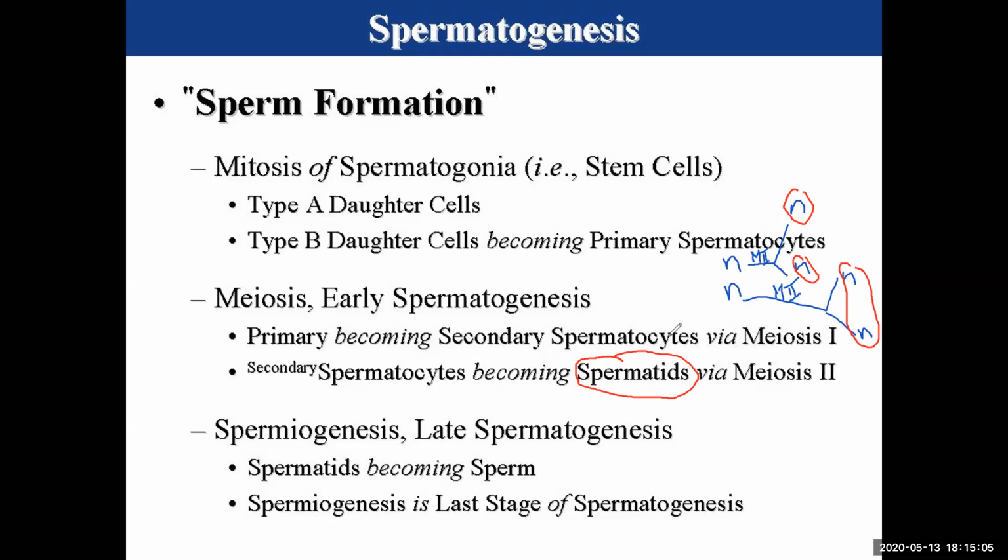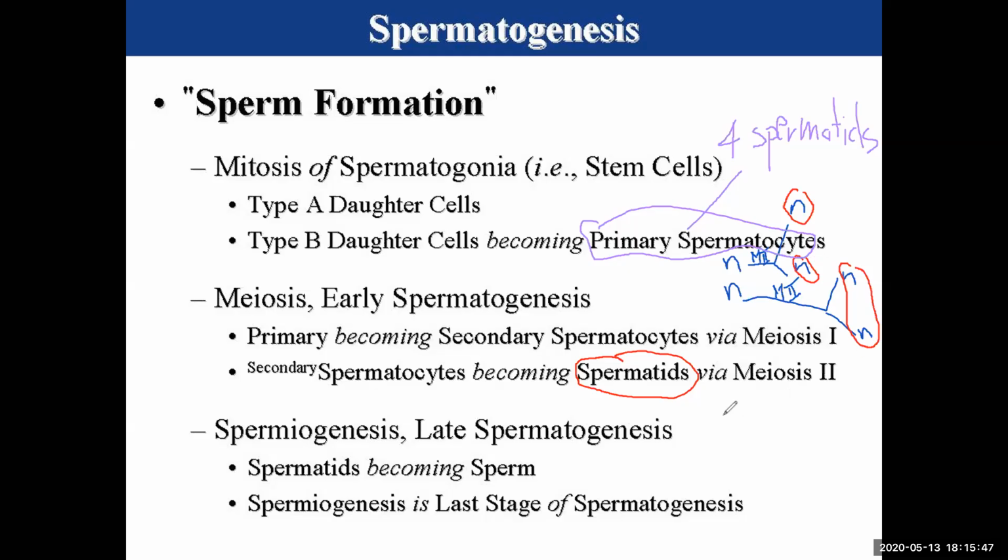So what is important is the primary spermatocyte. One primary spermatocyte produces 4 spermatids through 2 successive meioses, right? So one parental cell, being a diploid, produces 4 haploid cells.